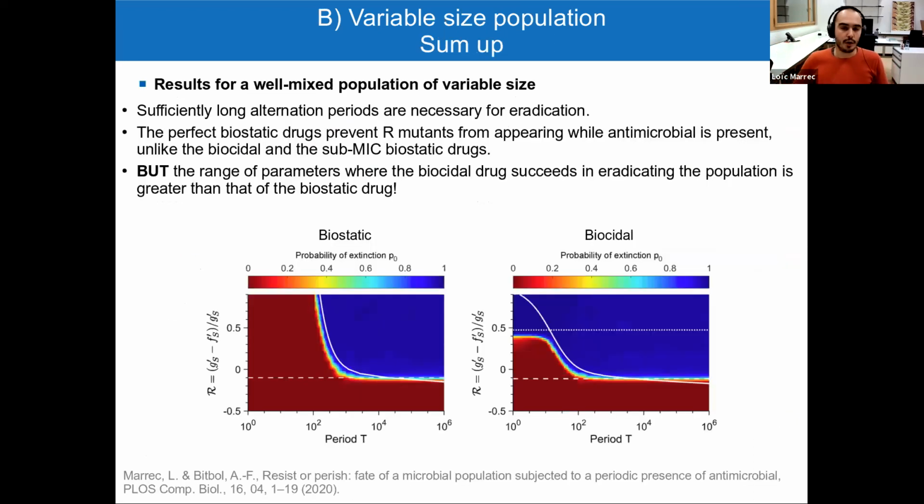Okay, so I can sum up this part. I showed you that long alternation periods are necessary for eradication, and the perfect biostatic drugs prevent resistant mutants from appearing while the drug is present, unlike the biocidal and the subemissive biostatic drugs.